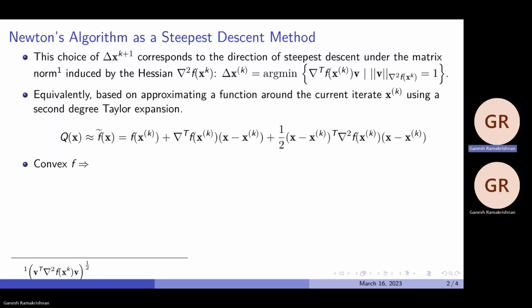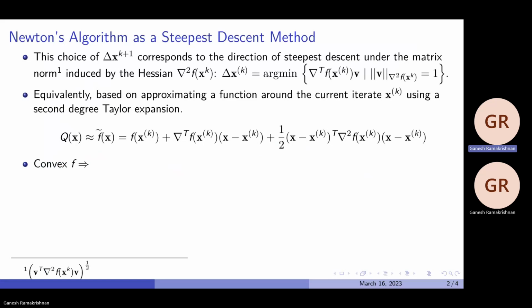Okay, so think of Newton's method as a steepest descent algorithm. What did gradient descent do? Gradient descent said, I will consider the first order approximation: f of x is f of xk plus the transpose of the gradient at xk times x minus xk, right? This part was ignored. Now Newton's algorithm says, let me look at the second order approximation and try to minimize it.